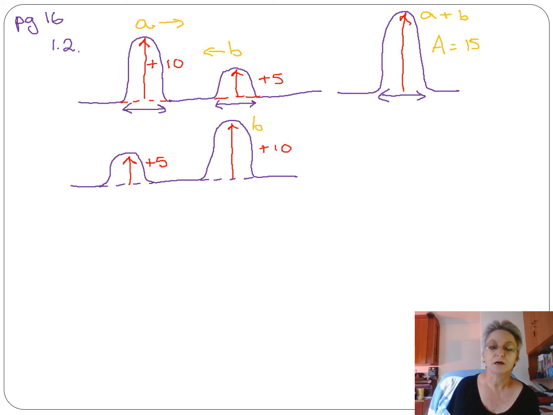They swapped sides. So this is pulse A moving to the right and pulse B moving to the left. Right, I think you can try number 1.3 by yourself.